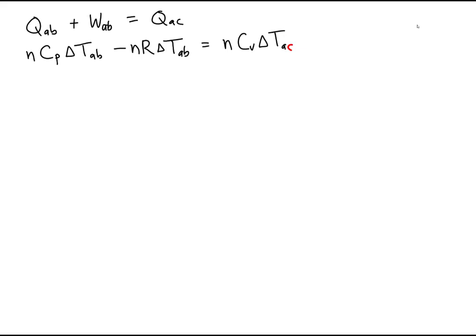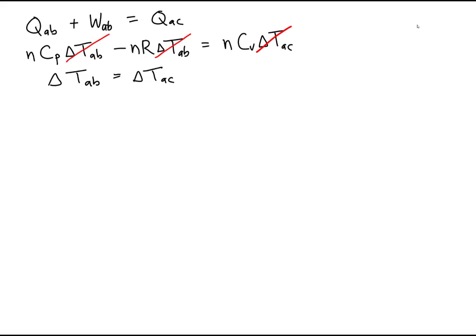Now, we're going to use the fact that the temperature change from A to B is equal to the temperature change from A to C, since we are going between the same two isotherms and the same two processes. What this allows us to do is divide out the changes of temperature in every term.